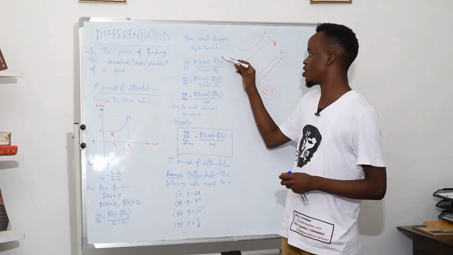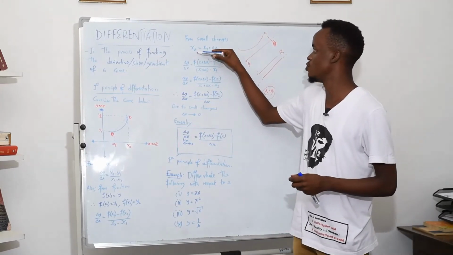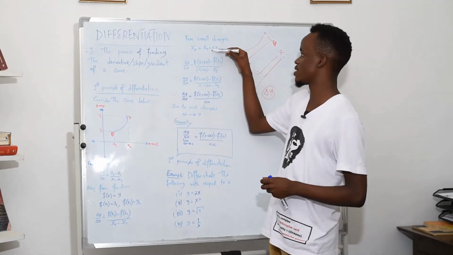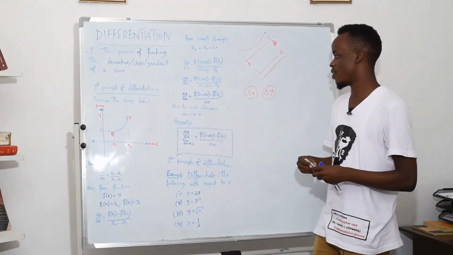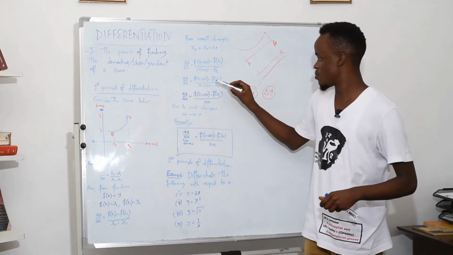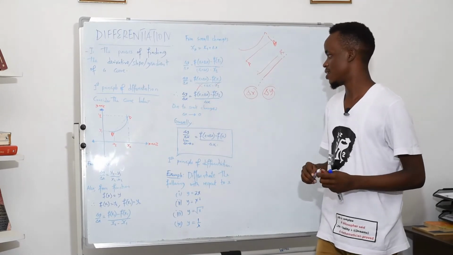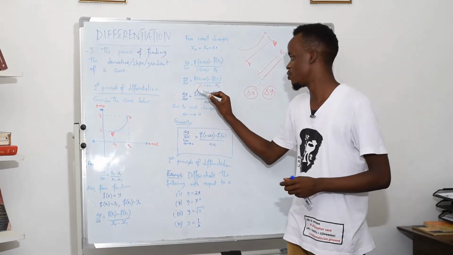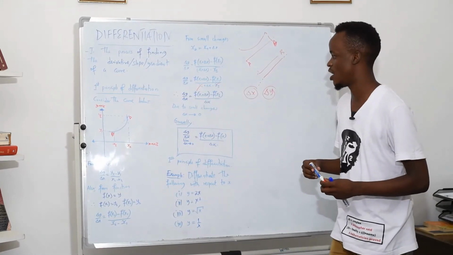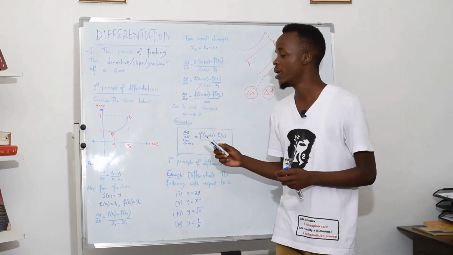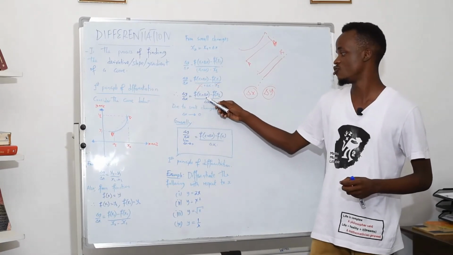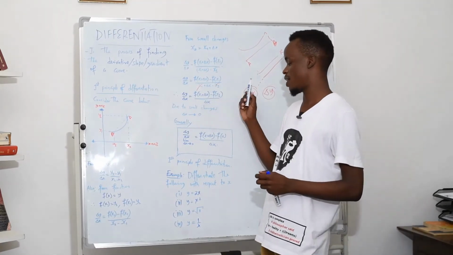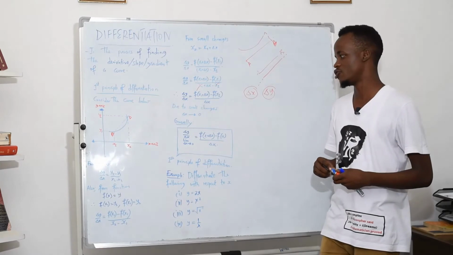This is very simple because we substitute the value of x2 from here, that x2 equals x1 plus change in x. After that, this x1 and x1 will cancel out as you subtract. This is positive x1, this is negative x1. Therefore, we remain with change in y over change in x equals f of (x1 plus change in x) minus f of x1, divided by change in x.